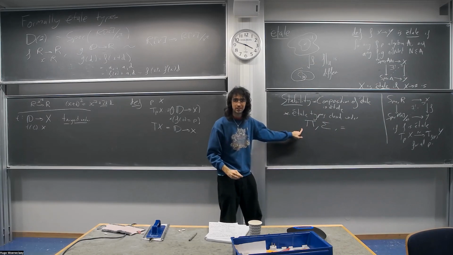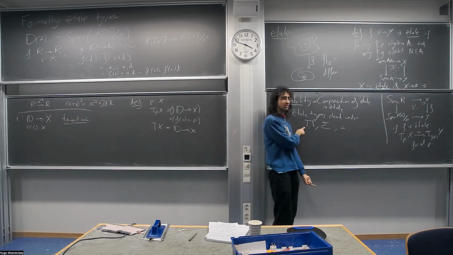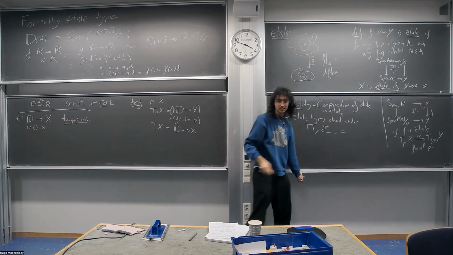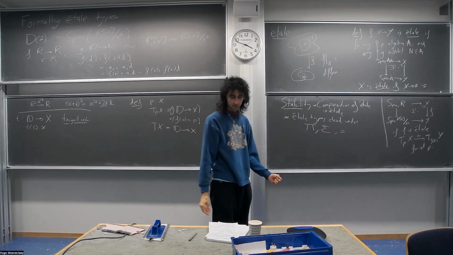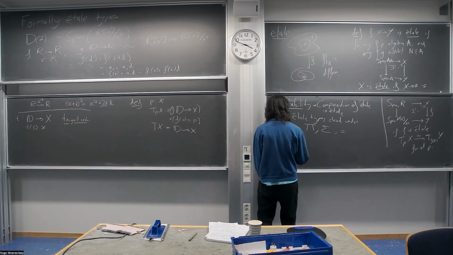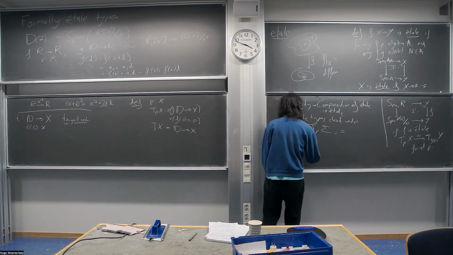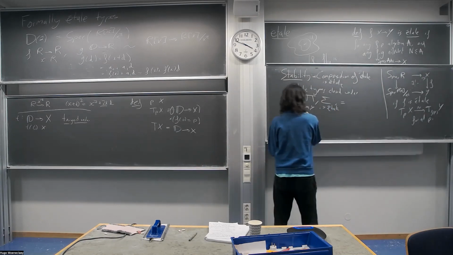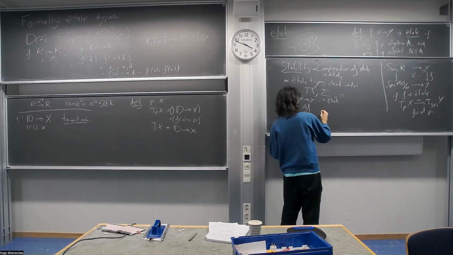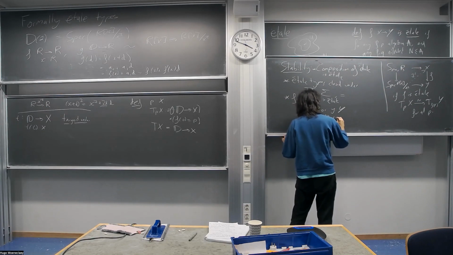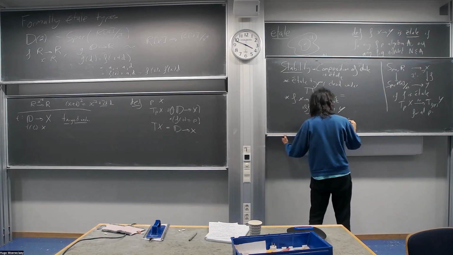For products, there's some subtlety with the index. Products, you can have any index, it doesn't have to be étale. Here you need an étale index. But these are really strong closure properties. And very nicely, f from X to Y is étale if and only if, for y in Y, the fiber is an étale type.